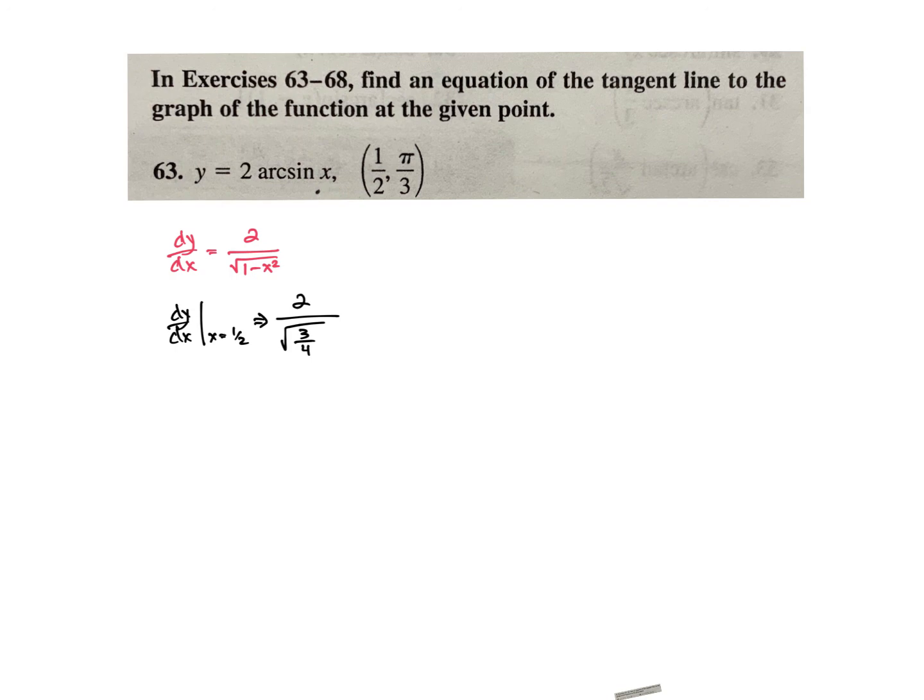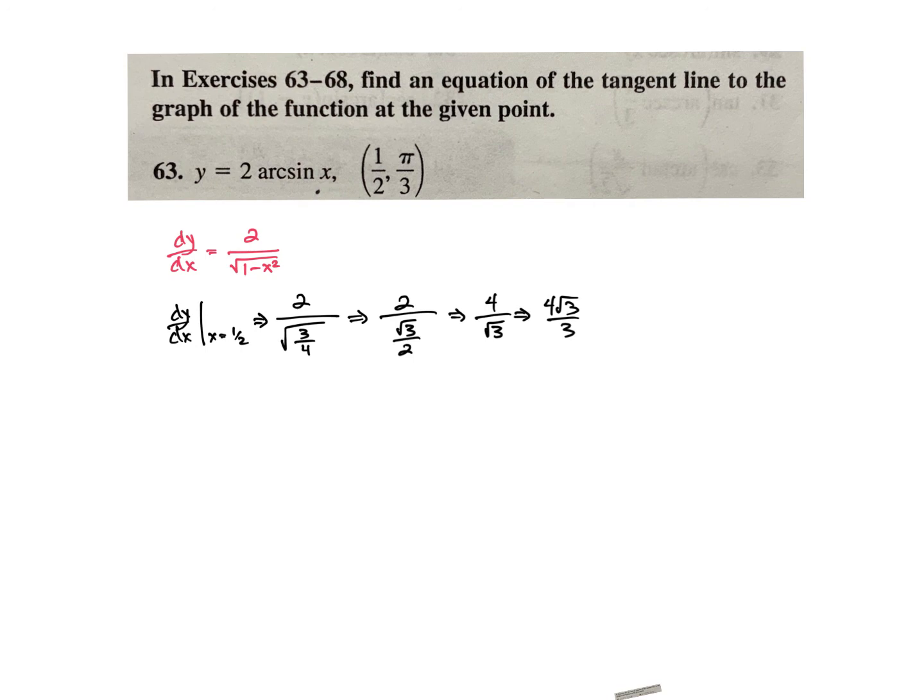Square root 3 over 2. And so now I end up having 2 over square root 3 over 2. What do we multiply by? 2 over square root 3. So then I'd end up with 4 over square root 3, which we could say is? There it is. So there's my slope.